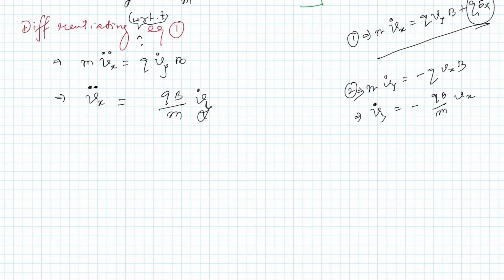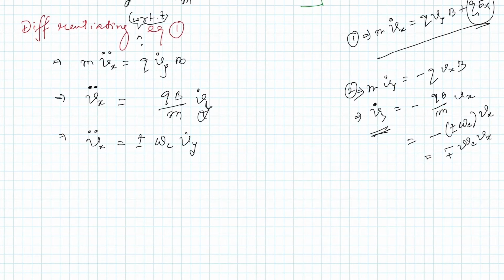So here you see, we already got that v x double dot is equal to, this qB by m can be replaced by plus minus omega c, v y dot. Then v y dot is equal to minus qB by m, which can be replaced by plus minus omega c into v x, so it is equal to minus plus omega c v x. Now you can replace this v y dot in this equation.